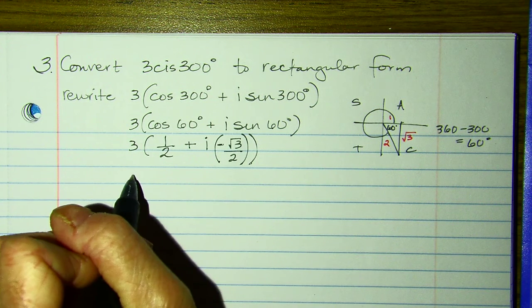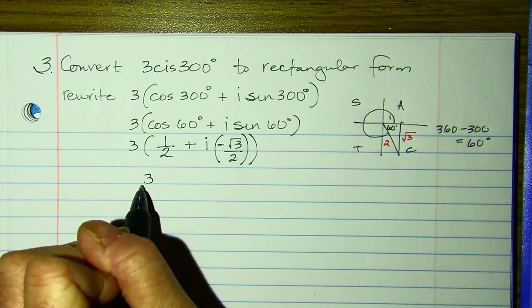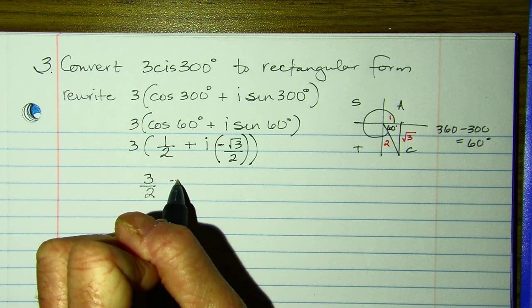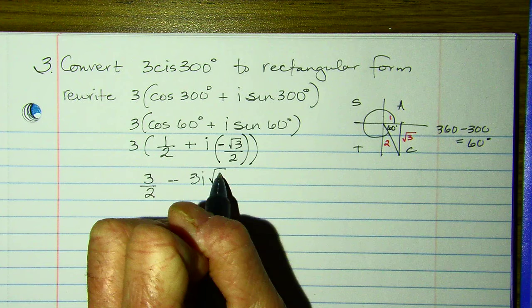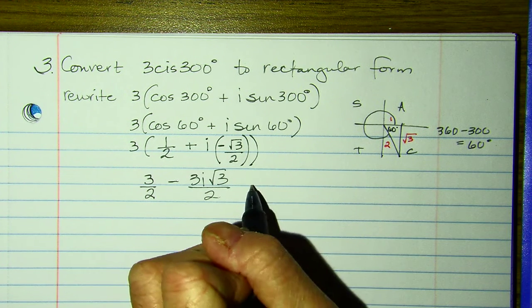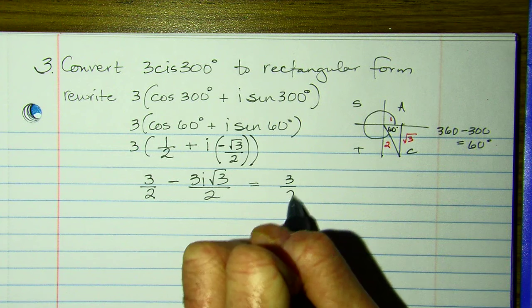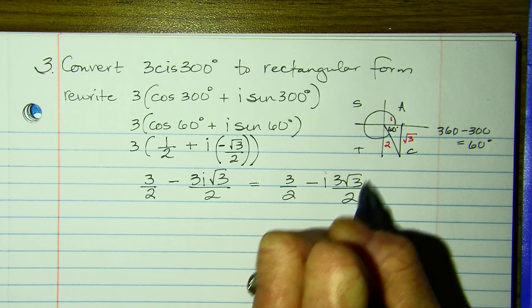So I'm going to rewrite this, because I'm distributing 3. So this is 3 over 2 minus 3 root 3 over 2 i. And they'd like us to keep the i separate. So 3 over 2 minus i times 3 root 3 over 2.